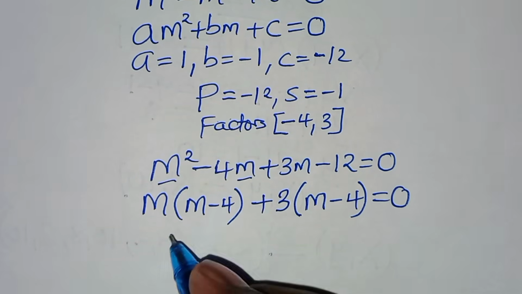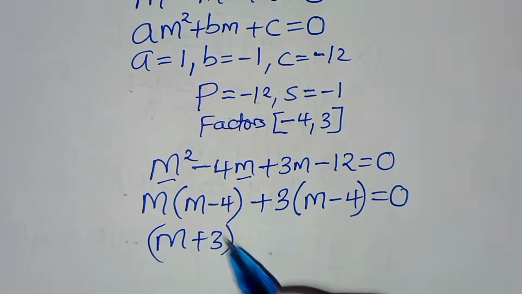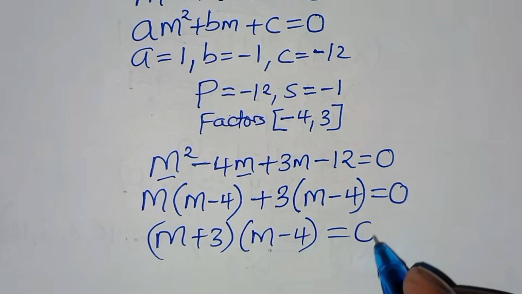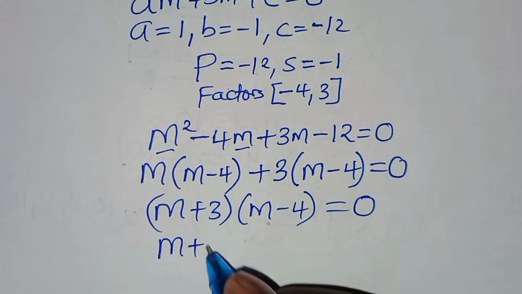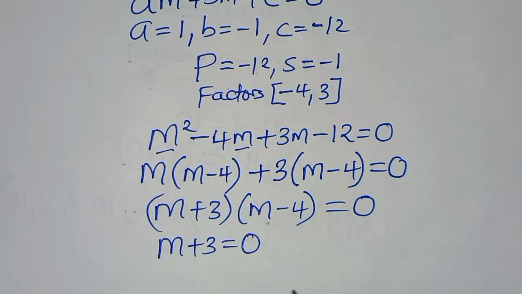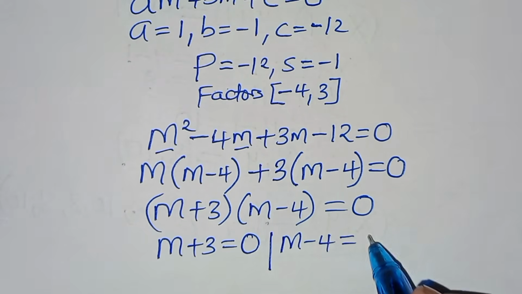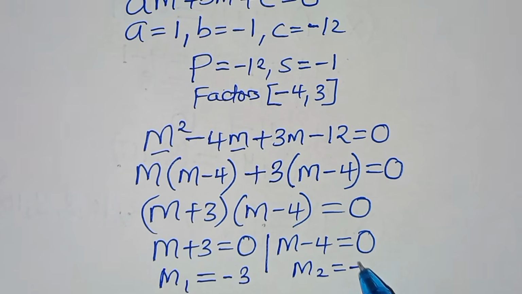So this implies that we have m plus 3 and m minus 4 equal to 0. So essentially here we have m plus 3 equal to 0 as the first part. Then we have m minus 4 equal to 0 as the second part. So this implies that m1 is equal to minus 3, and here m2 is equal to plus 4.